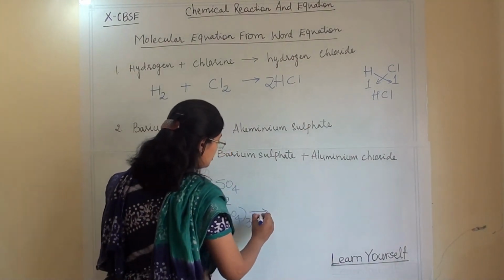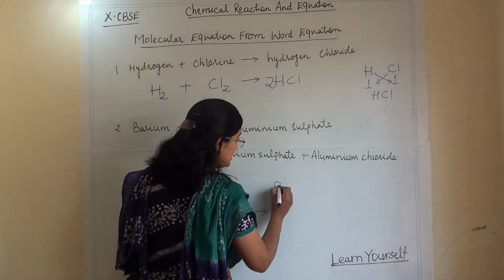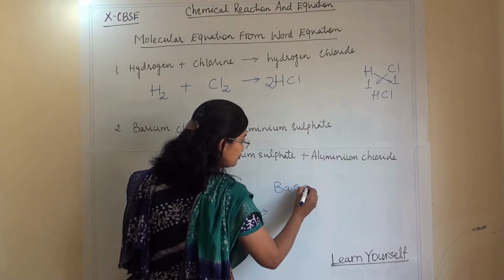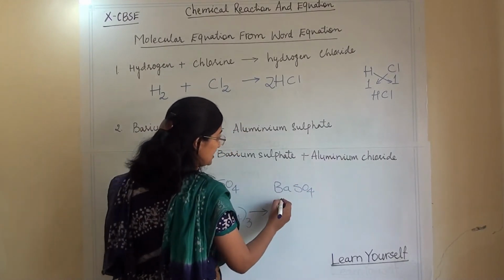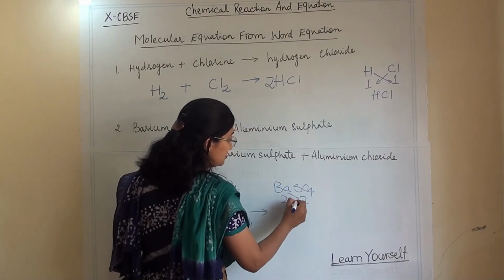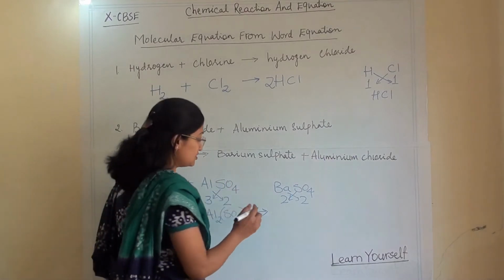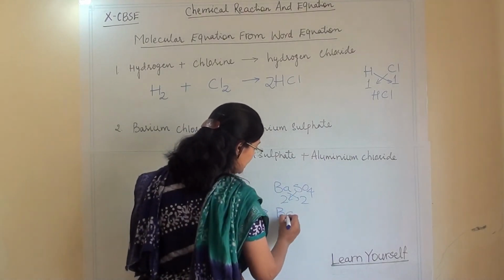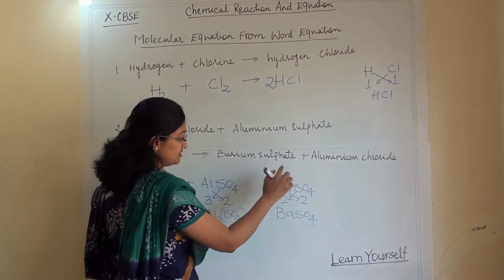Let us go towards the product side, barium sulfate. So it is Ba and SO4. Their combining capacities are 2 and 2. When they are both the same, we are not writing it. So it is going to be BaSO4, barium sulfate.